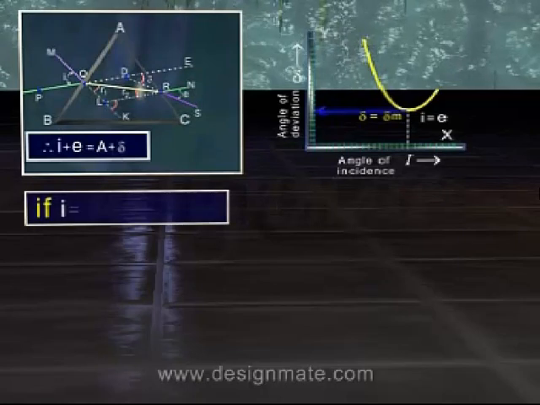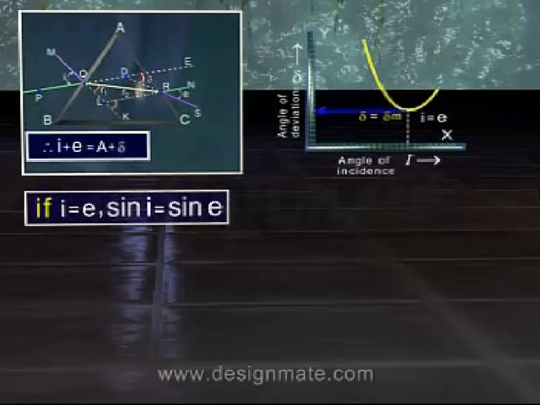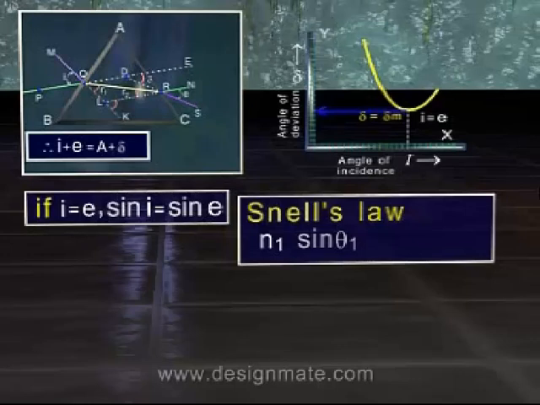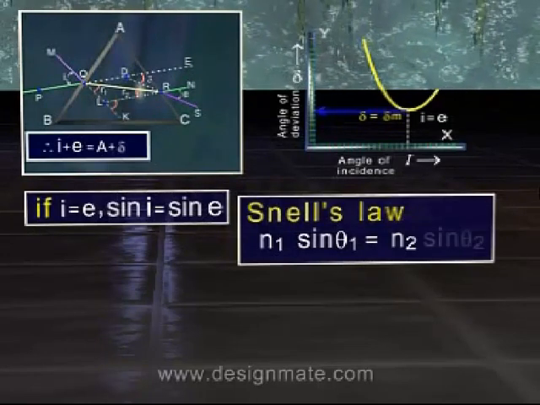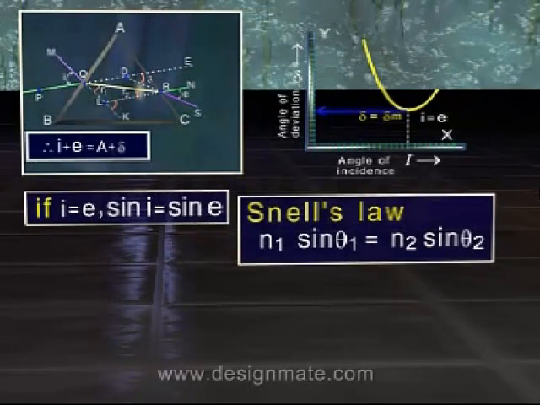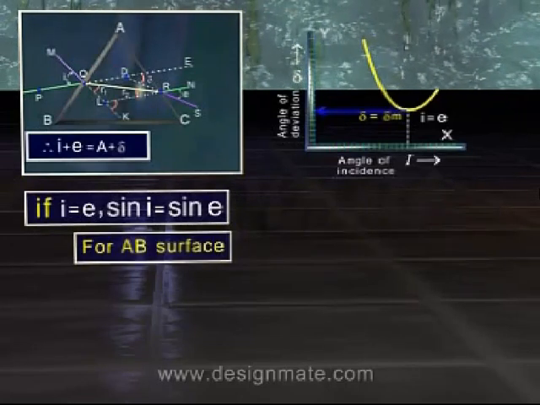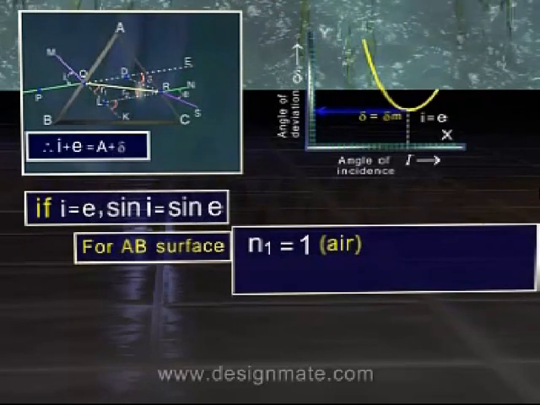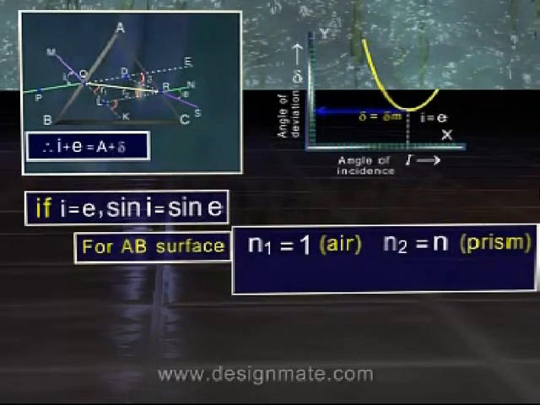If I is equal to E, sin I is equal to sin E. The general form of Snell's law, N1 sin theta 1 is equal to N2 sin theta 2, for the refraction of light at AB and AC surfaces of the prism. For AB surface, N1 is equal to 1, in brackets air. N2 is equal to N, in brackets prism.